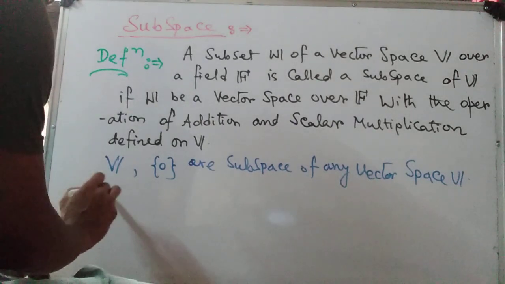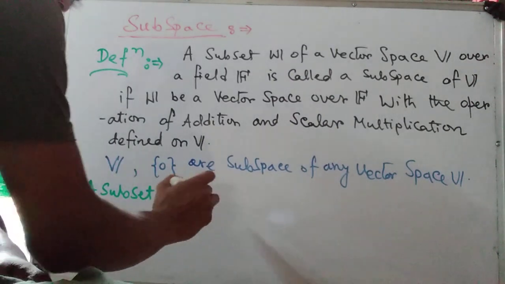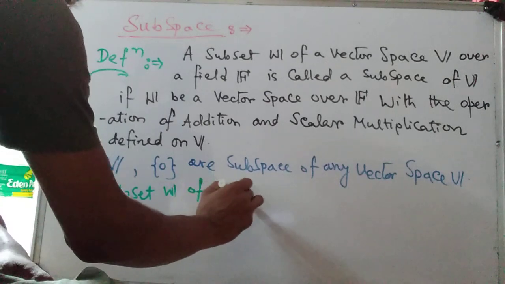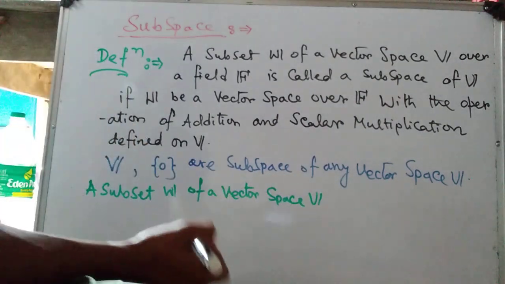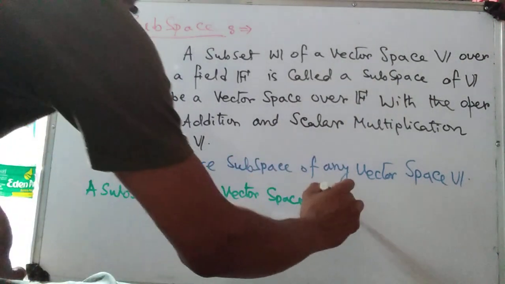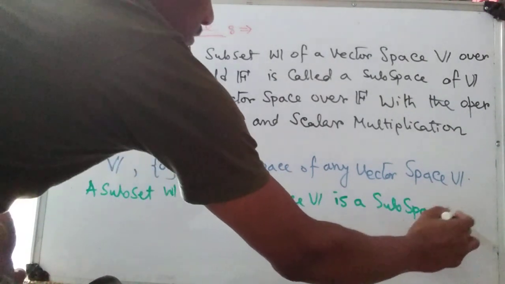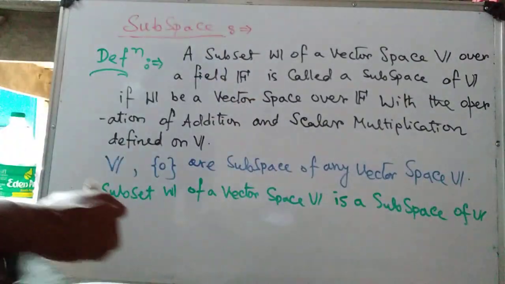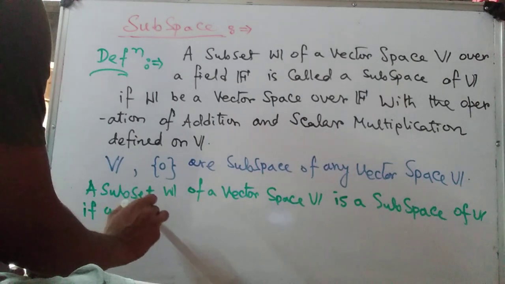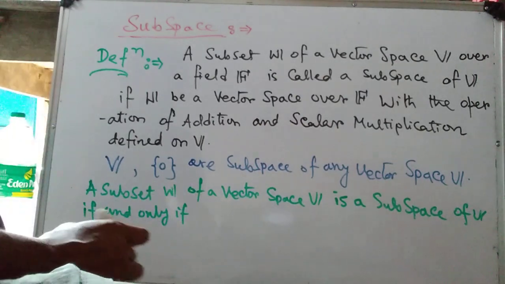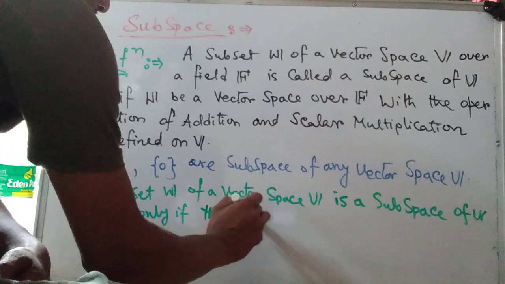A subset W of a vector space V is a subspace of V if and only if the following four properties hold.